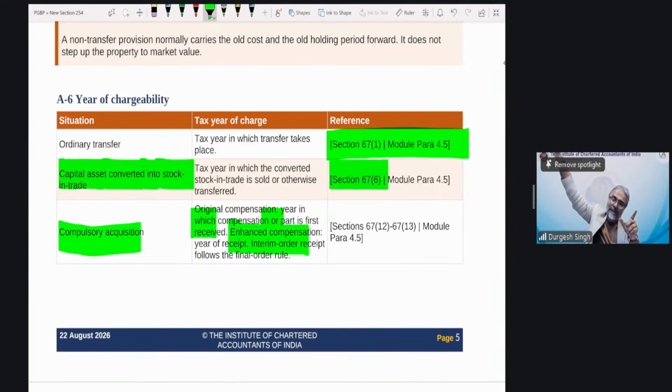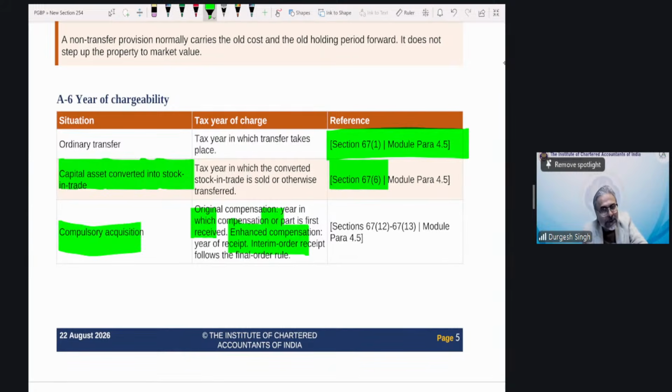Whenever I receive the enhanced compensation, that will be the year in which I will be charged for it. So which year will the enhanced compensation be charged? The year in which I receive the enhanced compensation amount.